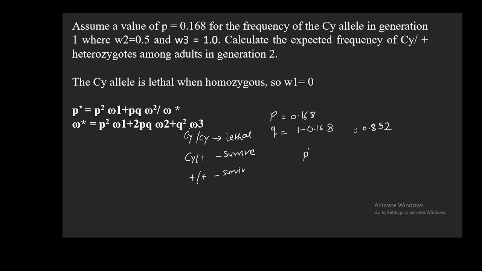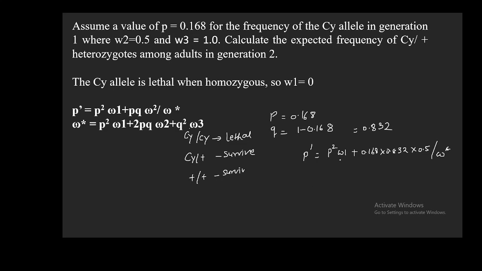So p prime, if you calculate, is p square w1 plus pq, where pq is 0.168 into 0.832, and omega 2 is given as 0.5, and then we need to calculate the omega asterisk.